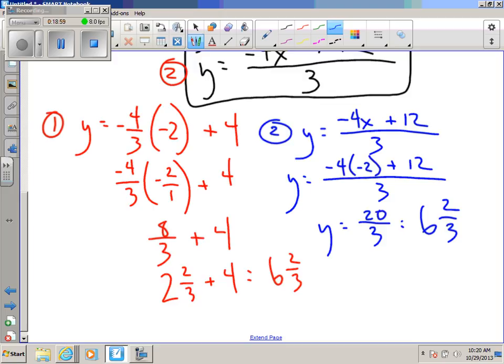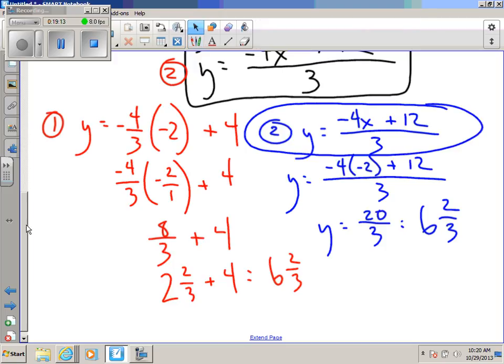Now, which one was easier? Option 1, option 2. Door number 1 or door number 2? I think door number 2. Like, if it's me, I'm going with this one, because I didn't have to mess around with all this multiplying with fractions. I kept it in there, multiplied it on top, then divided what I had by 3.